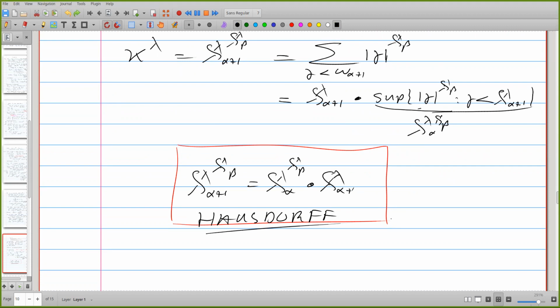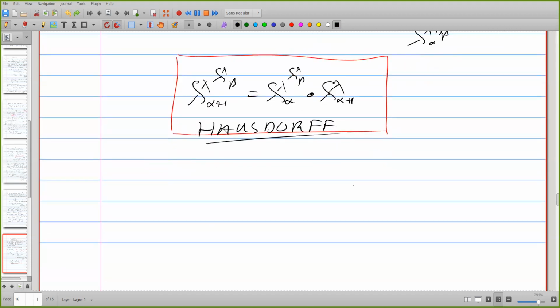This is Hausdorff's formula, which helps you calculate powers of successor cardinals. All you need to know is what happens at the predecessor and multiply by the cardinal itself. So you can now easily calculate what Aleph n to the power Aleph 0 is if the continuum hypothesis holds, for example. Think about it.